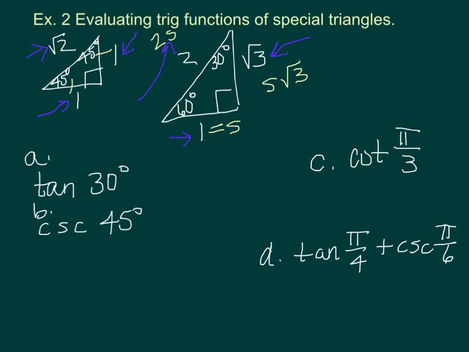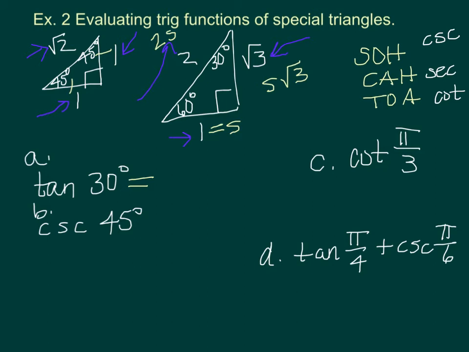So now we're going to find the trig functions. I'm going to put SOHCAHTOA up here so you can remember. And remember, this is cosecant, reciprocal, secant, and cotangent. Okay, tangent of 30. Tangent is opposite over adjacent, so we go to 30.